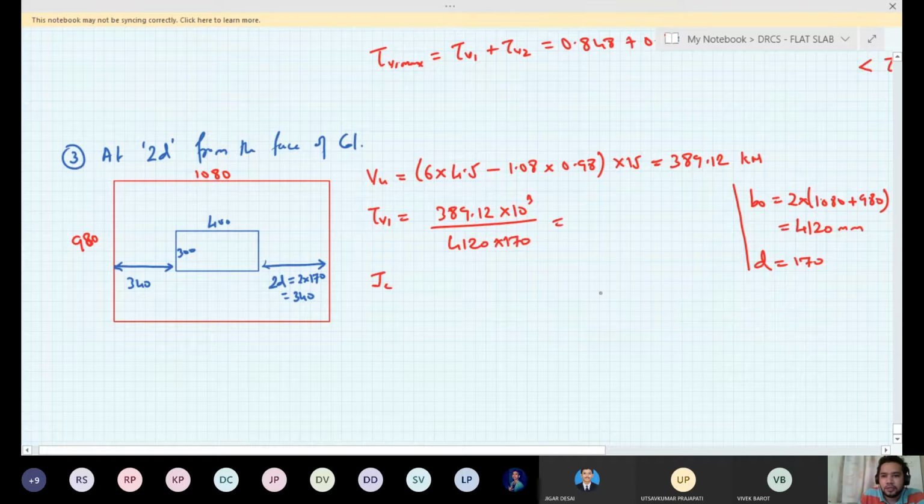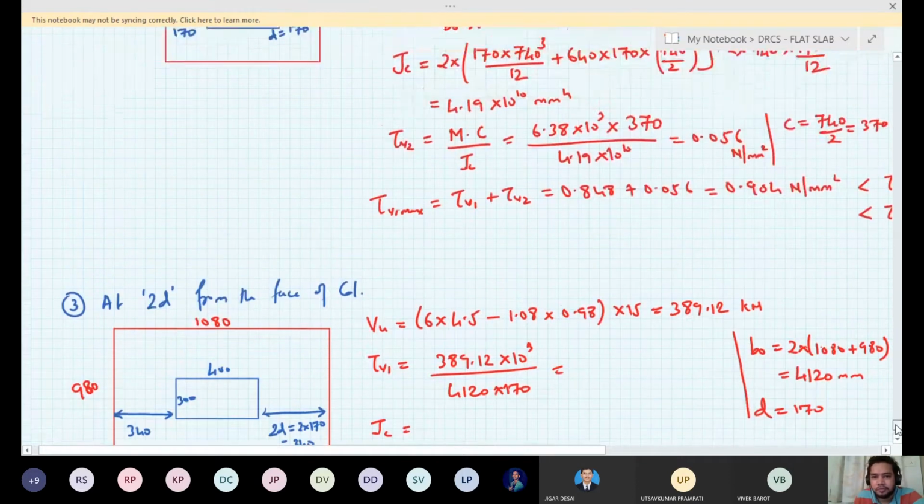Then you find Jc. So the same formula we will be using for the Jc also.